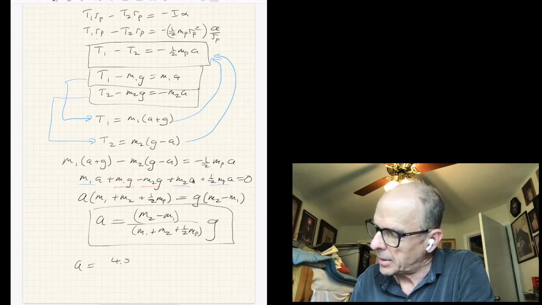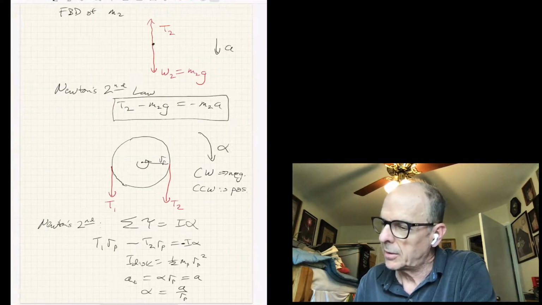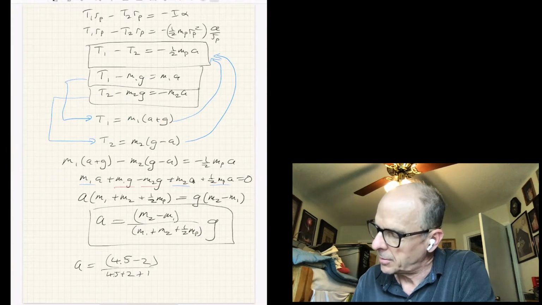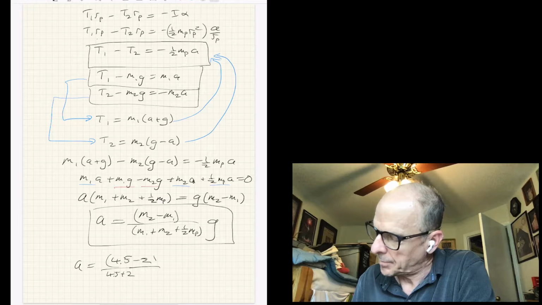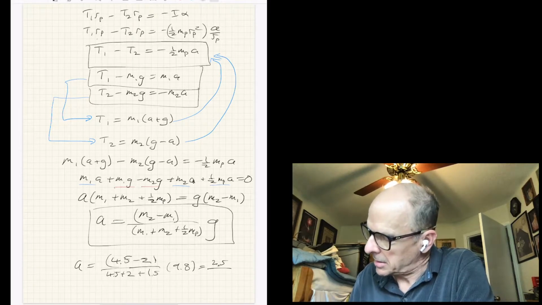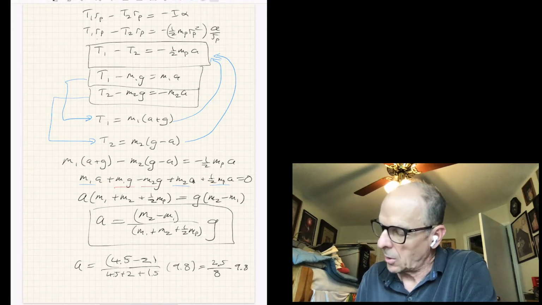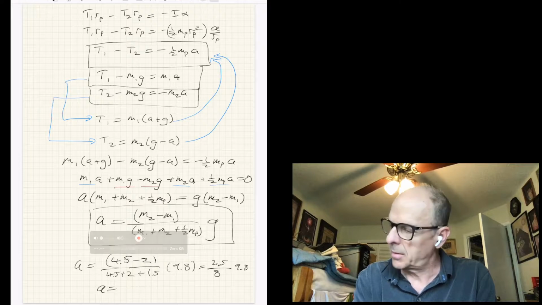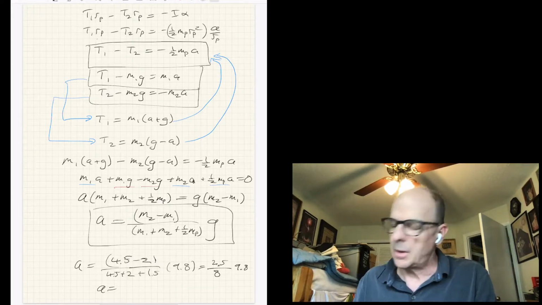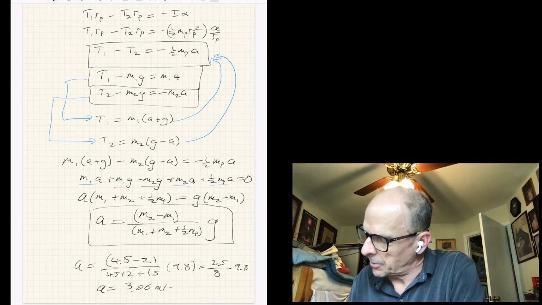So we had 4.5 minus 2 divided by 4.5 plus 2 plus 1.5, times 9.8, and that gives me 2.5 divided by 8 times 9.8, or A equals 3.06 meters per second squared.